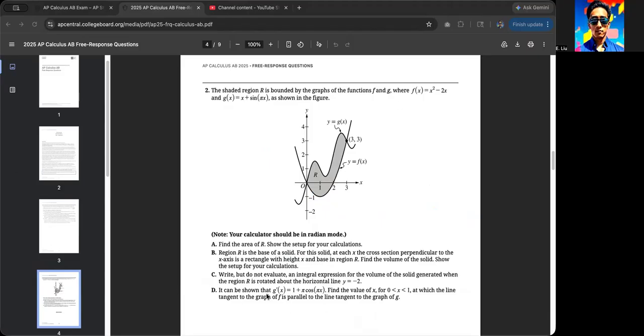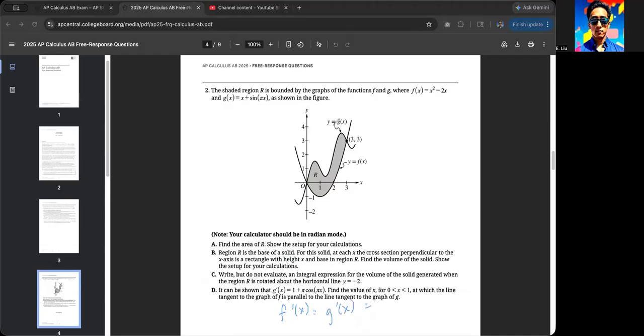For D, given the derivative, find the value of x between 0 and 1 at which the line tangent to the graph of f is parallel to the line tangent to the graph of g. So here, f prime of x is equal to g prime of x.